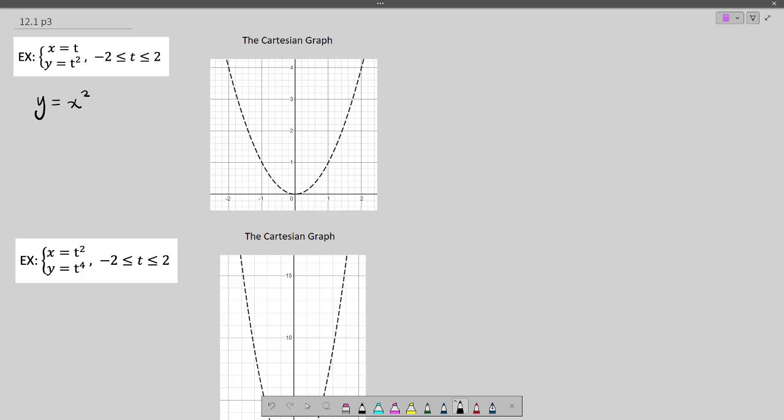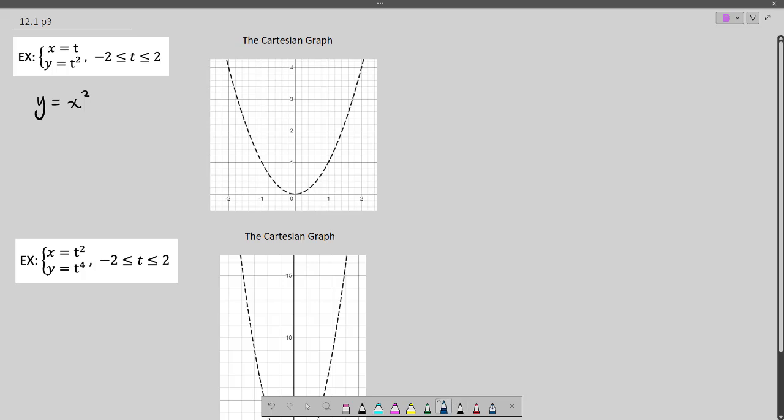If that's a t and this is a t cubed, you're graphing y equals x cubed. If that's a t and that's tangent of t, well then you're graphing tangent of x. So if you have a function, you can just let x be t, and then you can graph that function in parametric. Okay, so there is our parametric, there is our Cartesian curve.